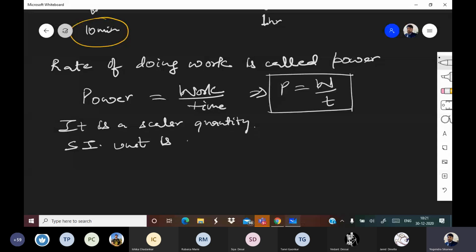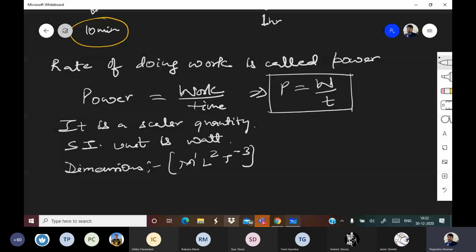And what is the dimension? The dimension is M1 L2 T minus 3. Why? Because the dimensions of work were already M1 L2 T minus 2, and divided by time it becomes M1 L2 T minus 3.